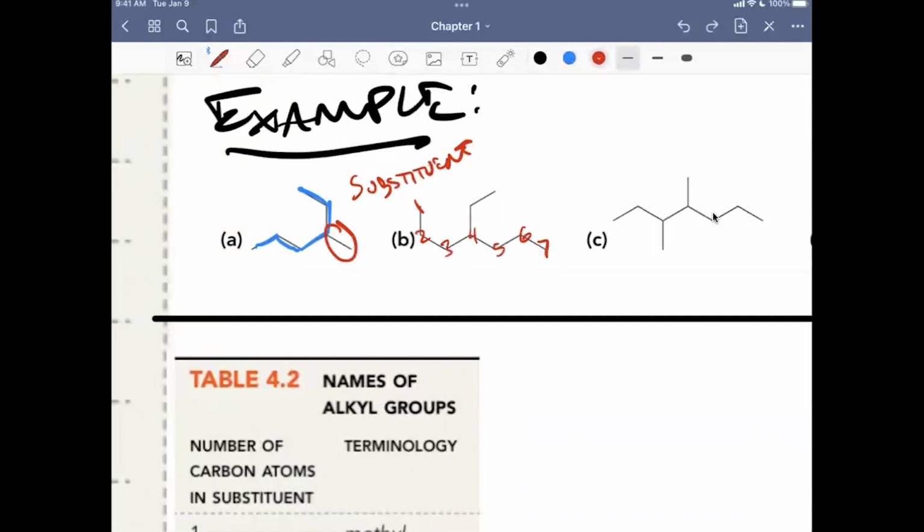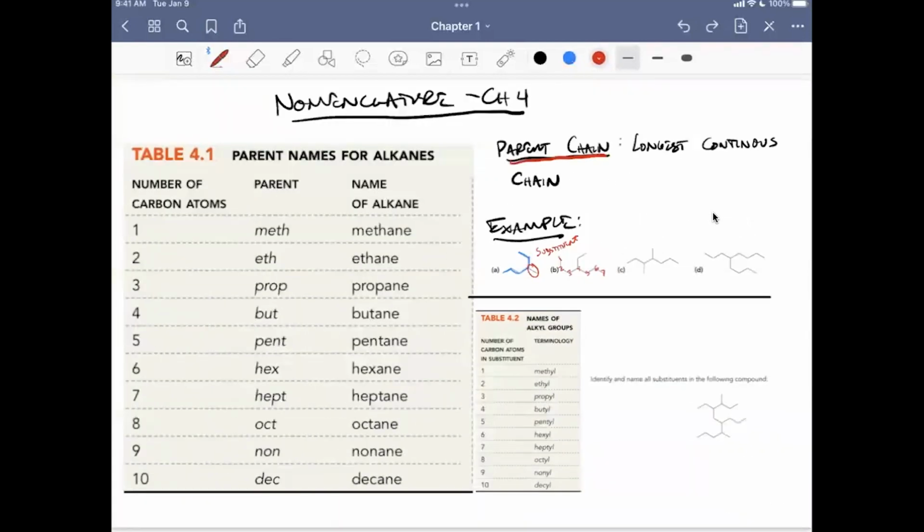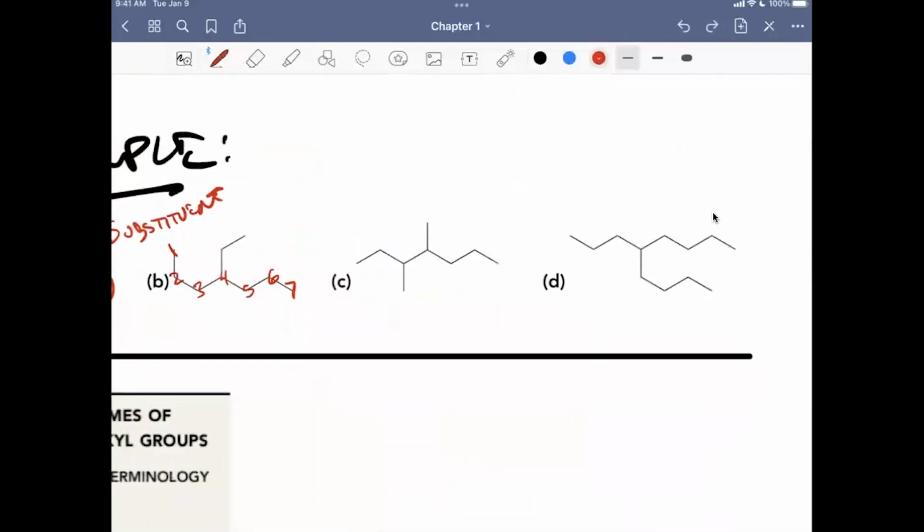So we have 7 carbons in our parent chain. So 7 carbons would be heptane. Okay. This next one, 1, 2, 3, 4, 5, 6, 7, another heptane. And again, we have 2 methyl substituents coming out there.